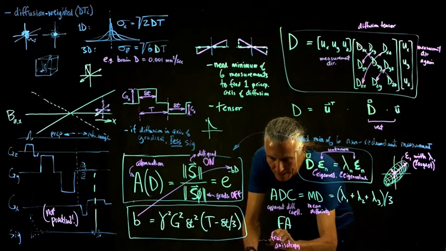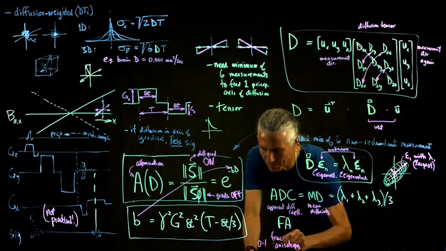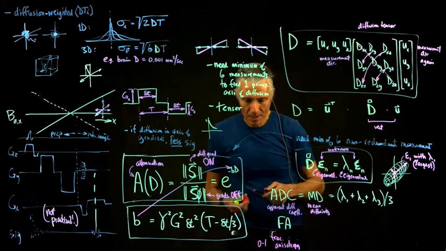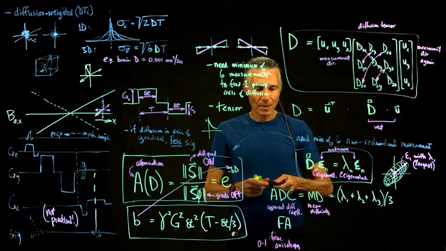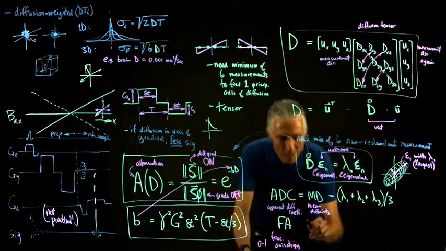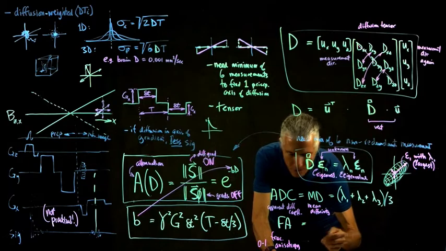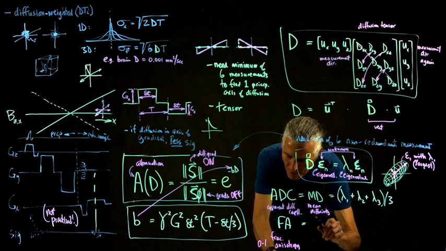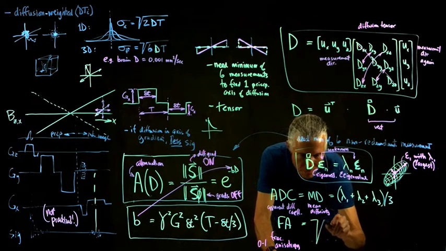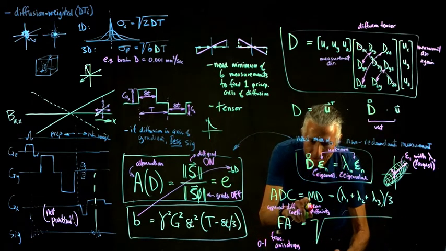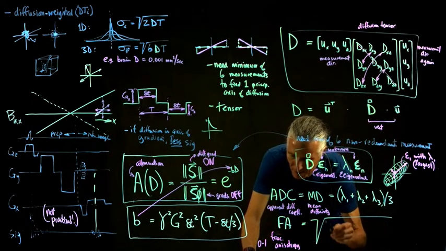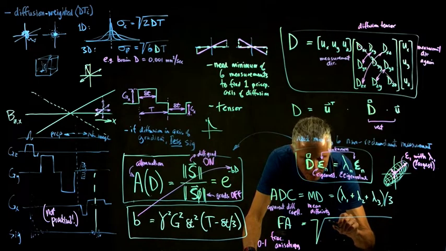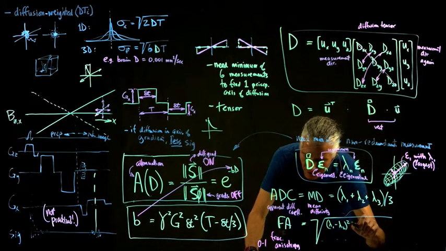This one goes from 0 to 1. There are several ways of defining it. You can define it in terms of the mean diffusivity, but that's a little more complicated. You can just see how this works: you subtract all these from each other and square them to get rid of the sign.